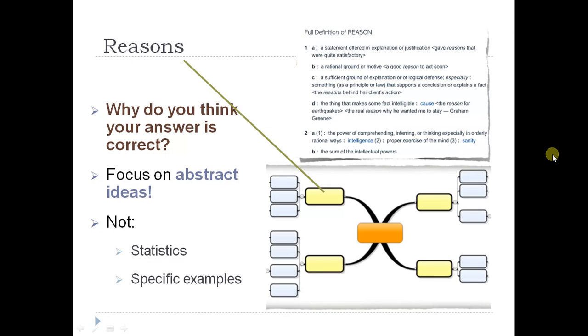The trick with these squares is to focus on abstract ideas, big picture ideas, not specific quotes or statistics or examples. You're looking for the broad picture here. An example of what I might put in one of those squares would be the opportunity to work in companies that have branches outside of the United States.